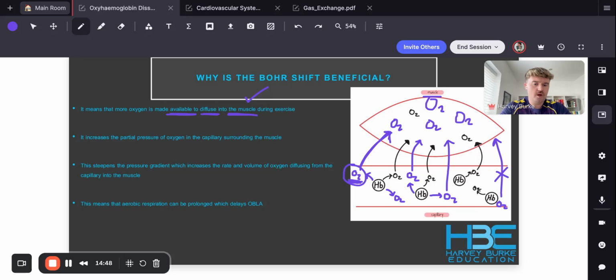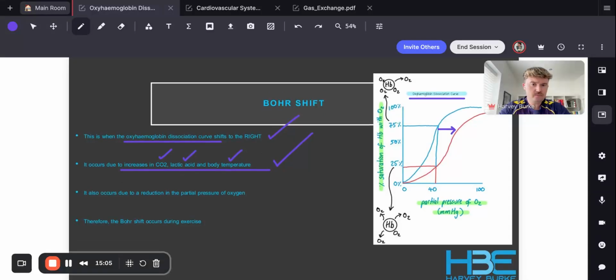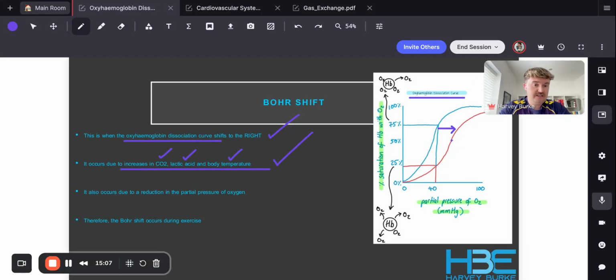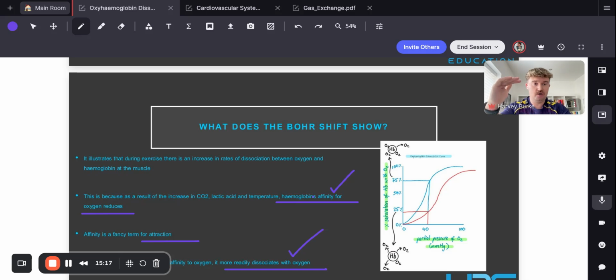For OCR, I have seen a question where they ask about what happens to the Bohr shift during recovery instead. And it is literally just the opposite of what we've said. So during recovery, you would say that the oxyhemoglobin dissociation curve shifts back to the left. That is because of a reduction in body temperature that increases hemoglobin's affinity.